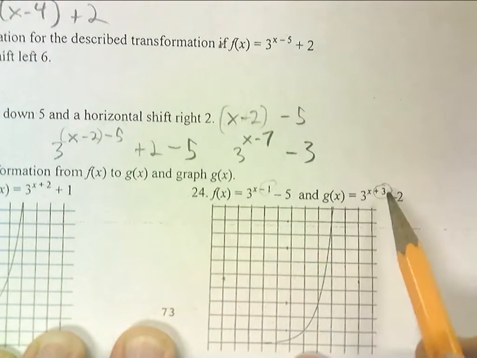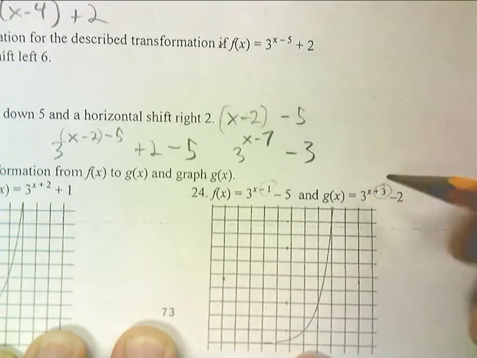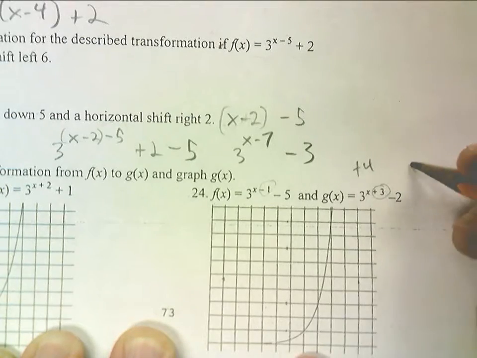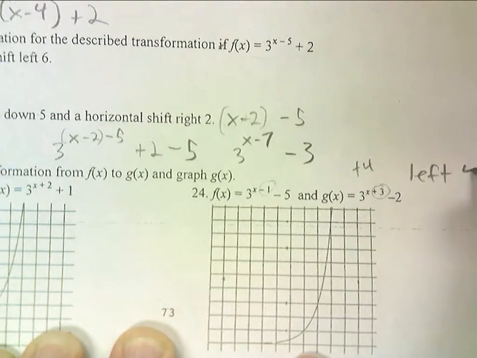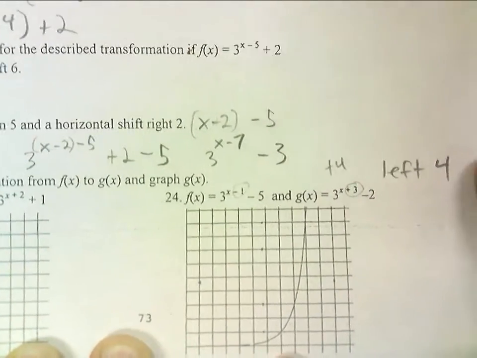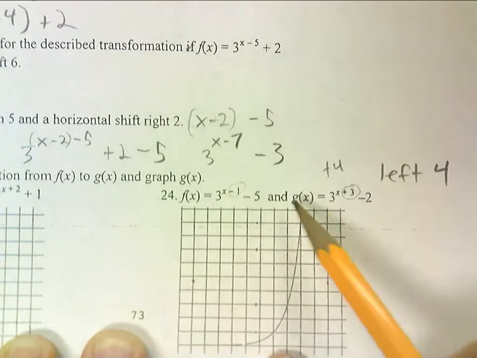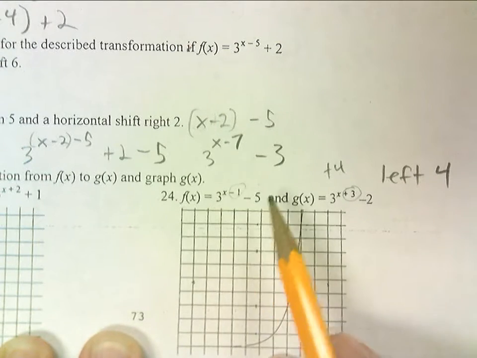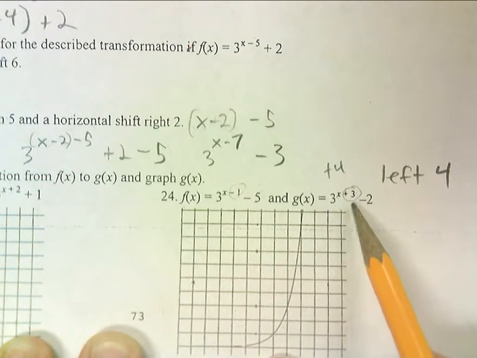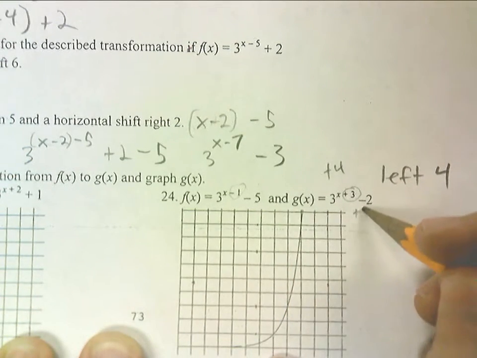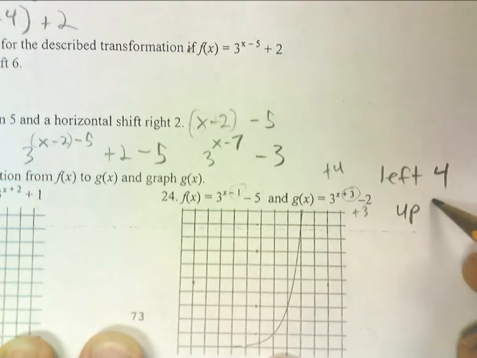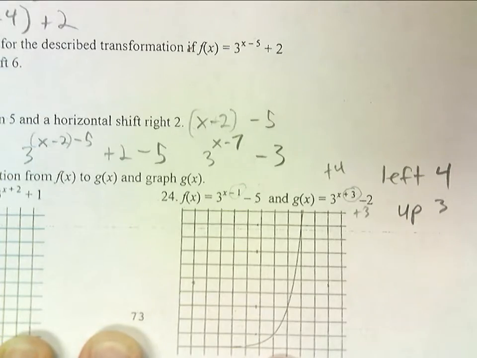To go from negative 1 to plus 3, that means I had to add 4. If I add 4 to my x, that means I shifted to the left 4 spots. Okay? And then outside, I went from negative 5 to a negative 2. To go from negative 5 to negative 2, that means I had to add 3, which means I moved my line up 3 spots.